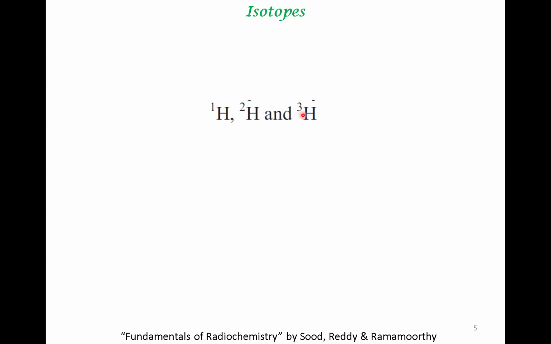As you keep increasing the number of neutrons in a nucleus, you are increasing some part of the nucleus which is not that stable, right? The neutrons can turn into a more stable proton and electron.